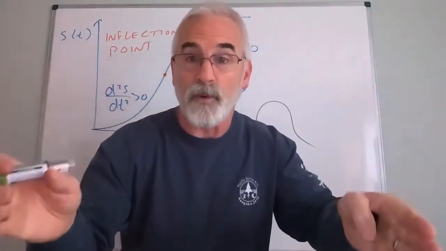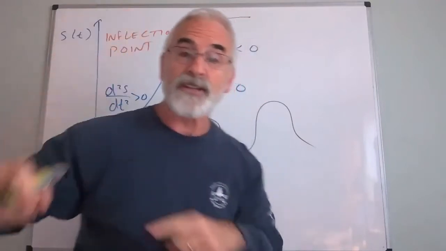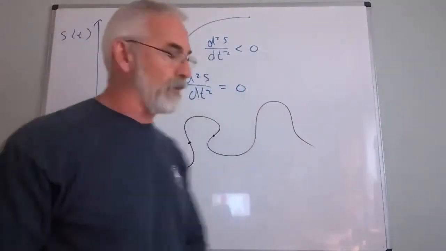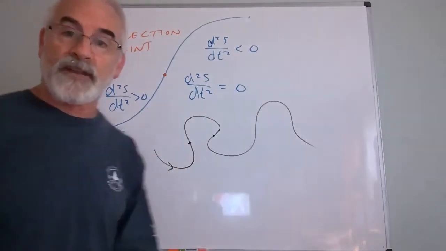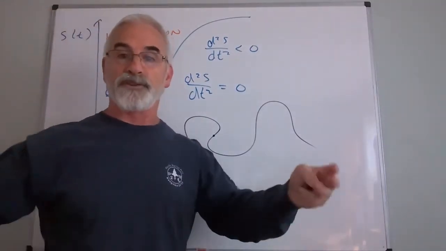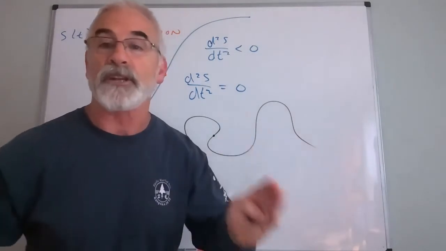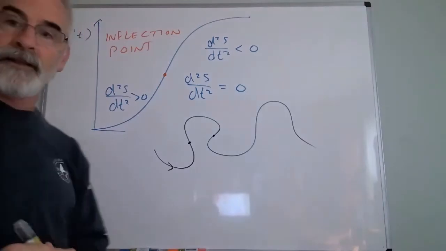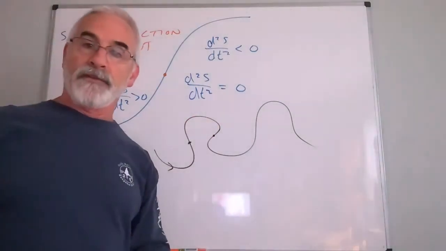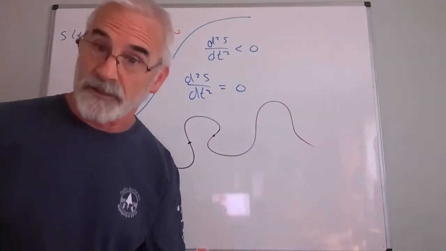It's not moving left or right. When I change the bend in the curve to bending the other way, that would be called an inflection point. Anytime you have a windy road, you have these places where your steering wheel is going to be just straight for a moment before you start cranking it the other way. So mathematically, that has to do with the second derivative, and very specifically the second derivative equaling 0.